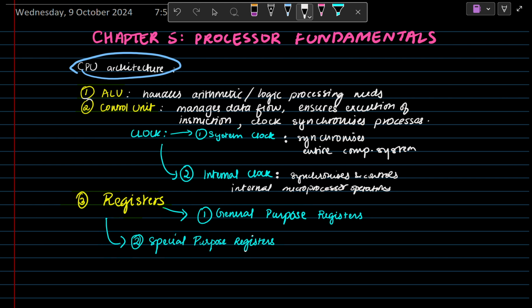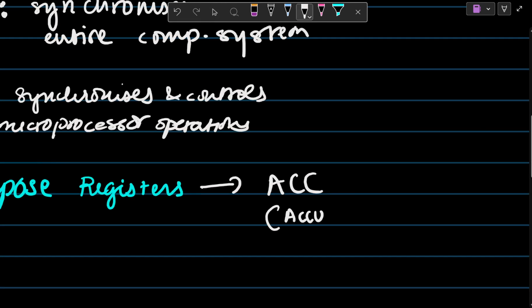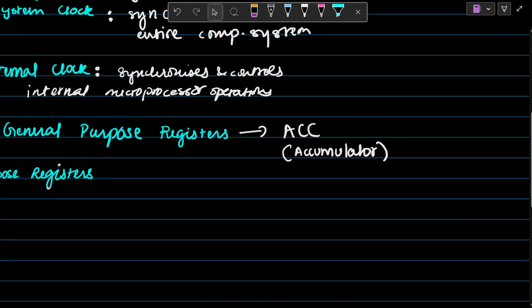Okay, so in general purpose registers, the only thing you need to know here is ACC, and ACC stands for accumulator. Now accumulator basically stores arithmetic and logical results during program execution.